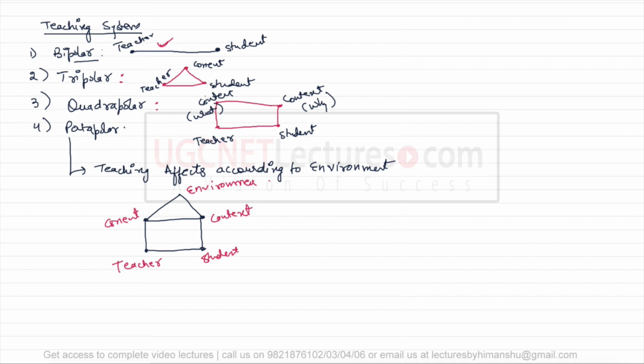So tripolar means there's a teacher, what is the content he is teaching, and there is a student. Okay, so in the same way we can study what are the requirements of teaching. So for teaching we require a teacher, we require a student, we require content, we require context, and we require environment.